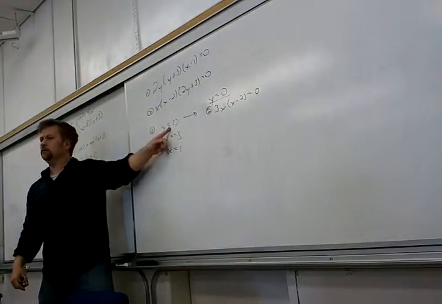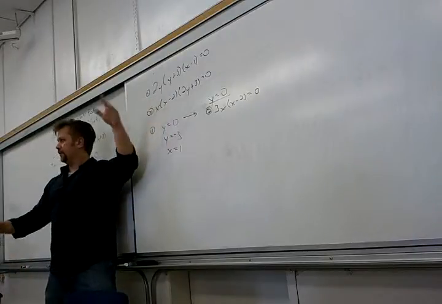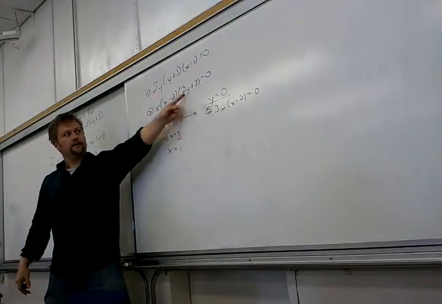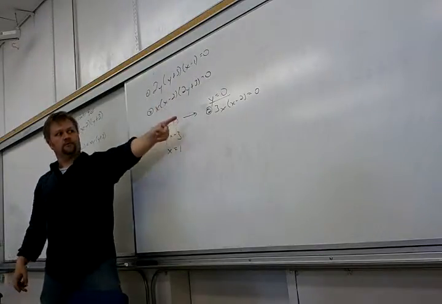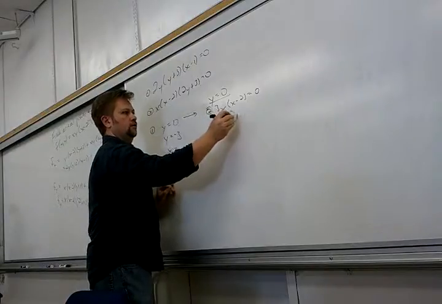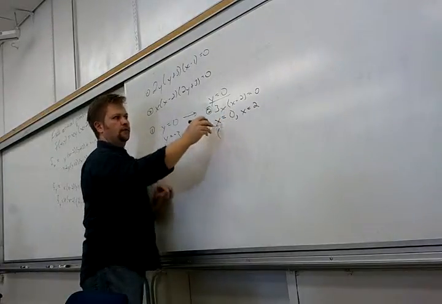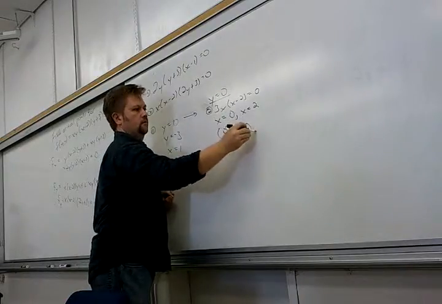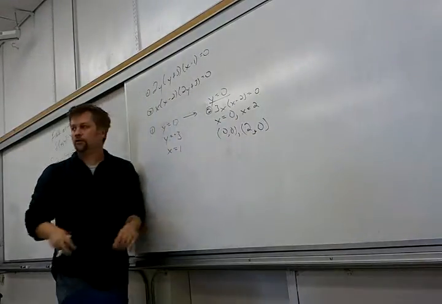If you make y equal to 0 and plug it into the second one, so we're doing a substitution, you get 3 times this, and what are your answers there? x equals 0, x equals 2. So I get 2 points, (0, 0) and (2, 0). So those are 2 critical points.